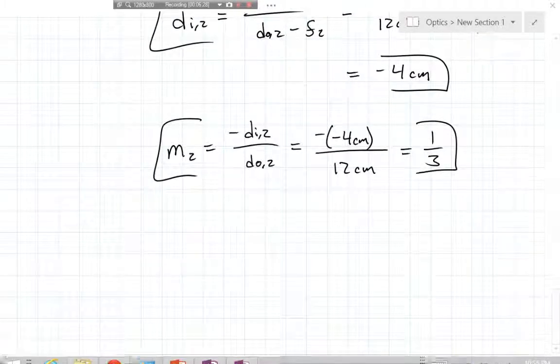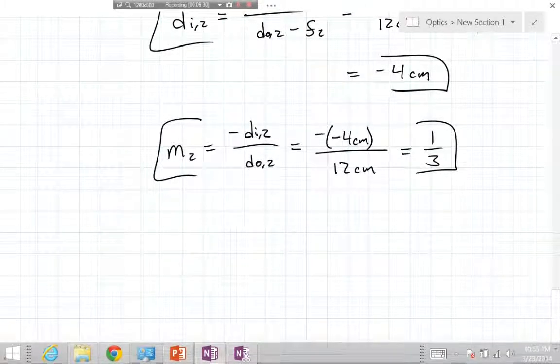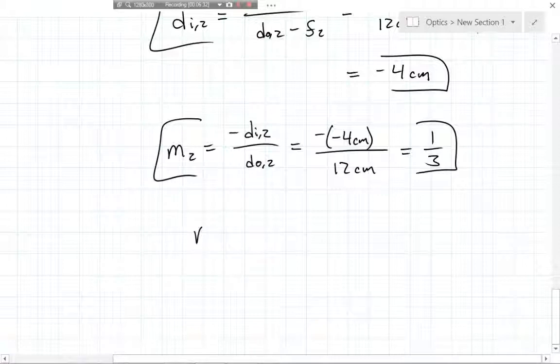To find the total magnification, and this is something that students sometimes have a little bit of trouble with, the total magnification is going to be equal to the magnification of lens 1 times the magnification of lens 2. The basic idea is if the first image was twice as big as the object, and then the second image doubled that, then your total would be 4 times as big.